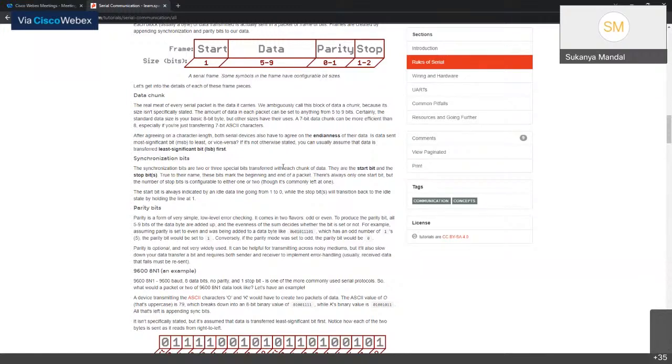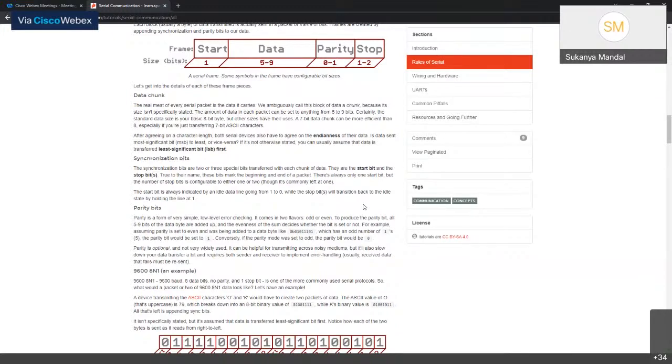Anyway, talking about synchronization bits. Synchronization bits are 2 or 3 special bits transferred with each chunk of data. They constitute the start bit and the stop bits. As the name suggests, synchronization bits mark the beginning and the end of the packets.